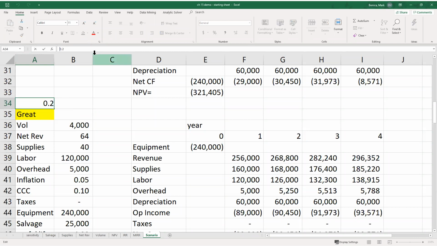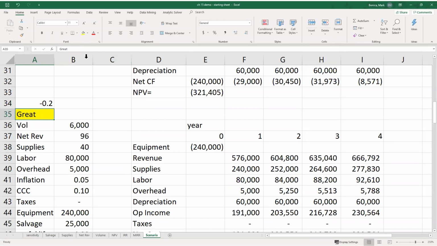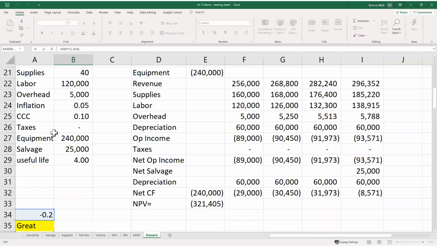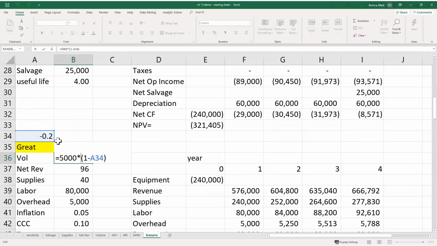And I'm going to make this minus 0.2. This basically mirrors the projections I had up above. Because I had built those formulas up above, I just copied the formulas down, and I'm changing the input from plus 0.2 to minus 0.2.